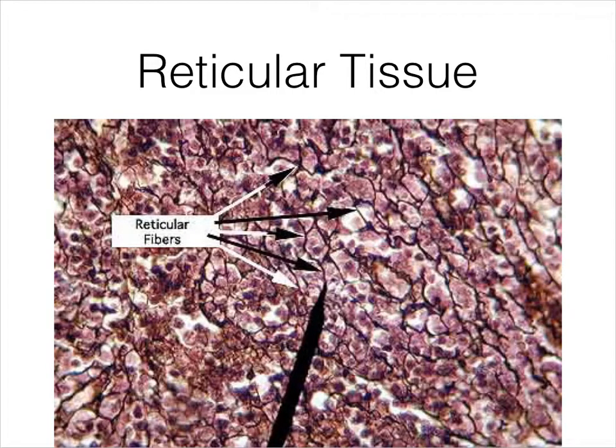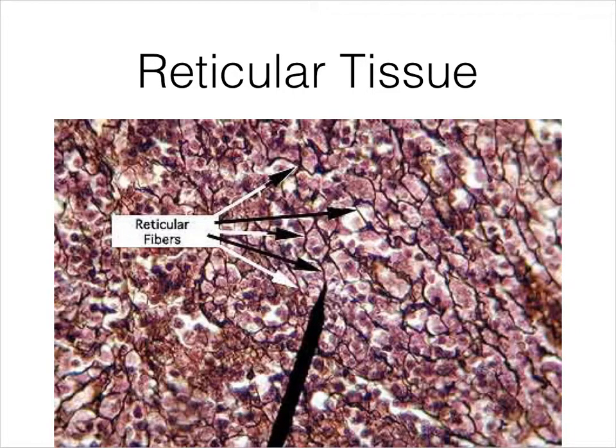Reticular tissue, all right? Reticular tissue is a loose connective tissue with a dominant fiber type of reticular fibers. Reticular fibers usually show up on a histology stain as being thin, dark fibers that are highly branched and sort of follow all of these branches.